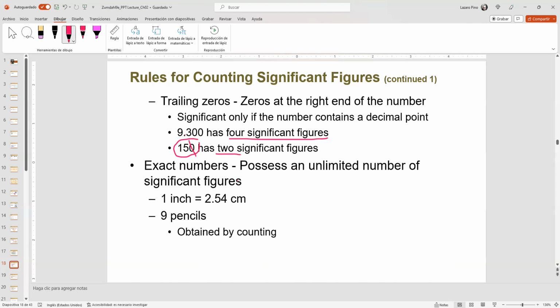When you have an equivalence like this, 1 inch is equal to 2.54 centimeters, you say that this is an exact number. Also, when you are counting things, for example, when you say 9 pencils, then you say that this is an exact number. And an exact number has unlimited number of significant figures.